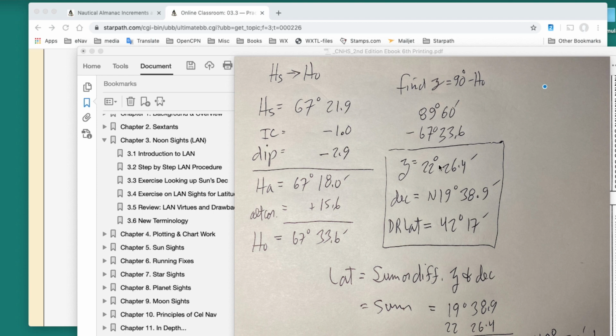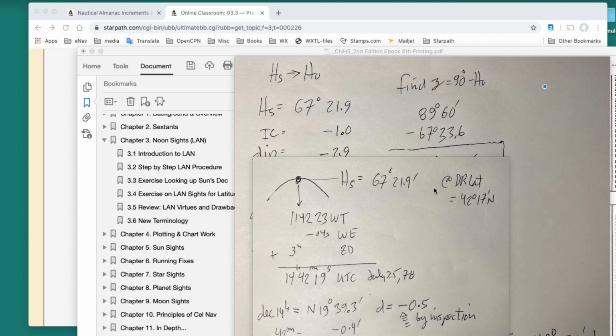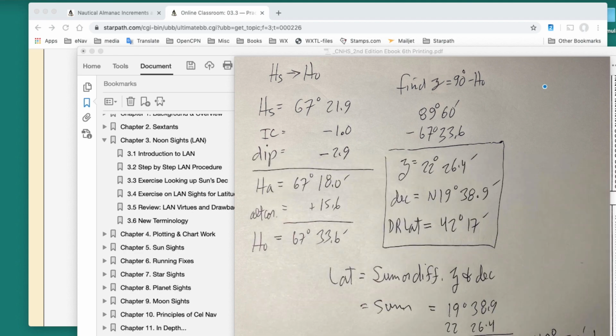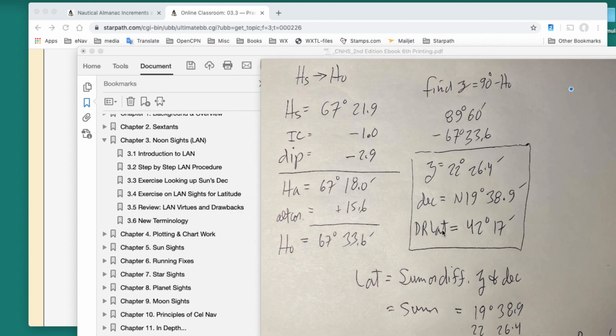And then once we have the zenith distance and the declination, the latitude is either the sum of those two or the difference between those two. And we can always tell which is which by looking at the DR. The DR is 4217. Oh, I wrote it here. DR is 4217. So this is all real simple, once we had these numbers.